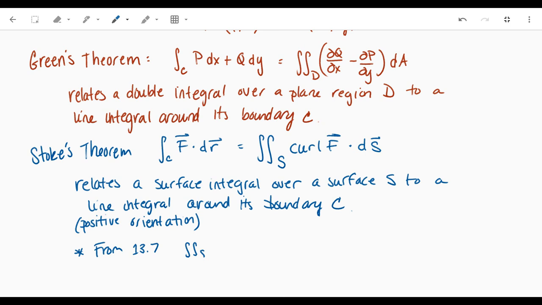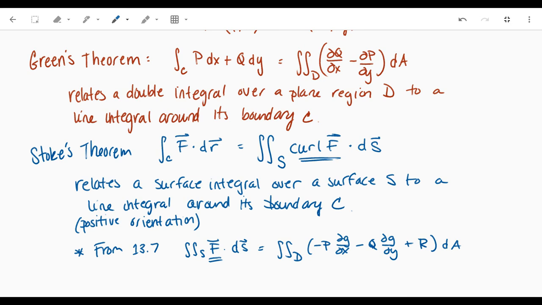If we do the integral over S of F dot dS, that's the integral over D of negative P dg/dx minus Q dg/dy plus R dA. So once we have the curl of F, we can take that P, Q, and R and do something very similar.